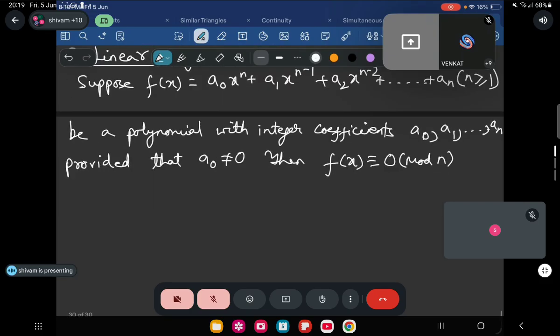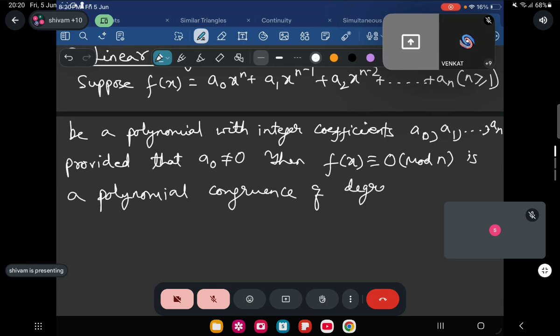F of x congruent to 0 mod n is a polynomial congruence of degree n. Okay, everyone, it's a polynomial congruence of degree n.